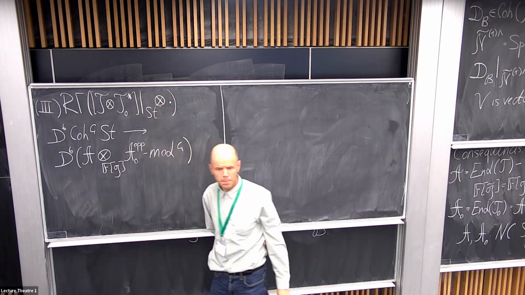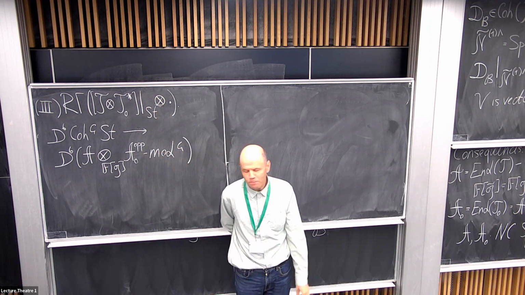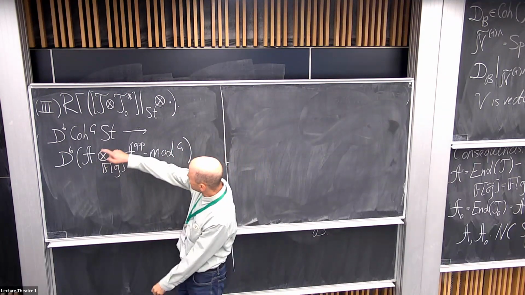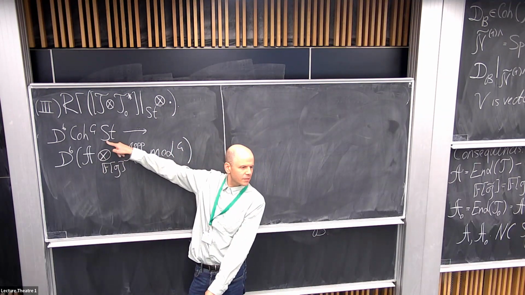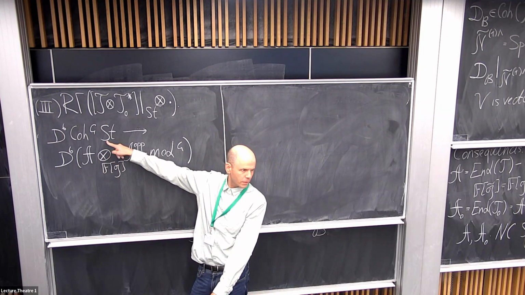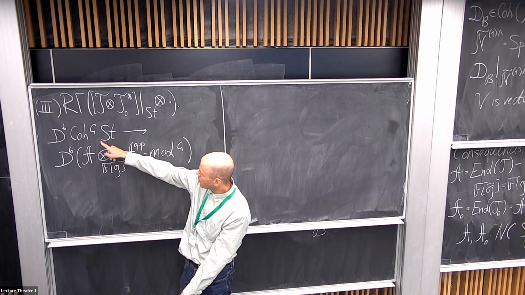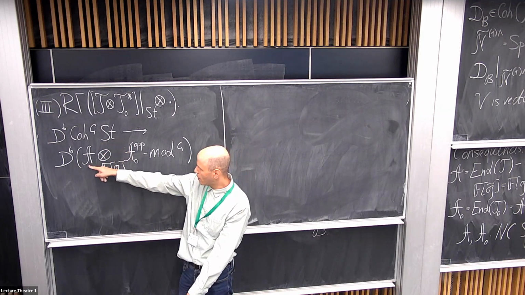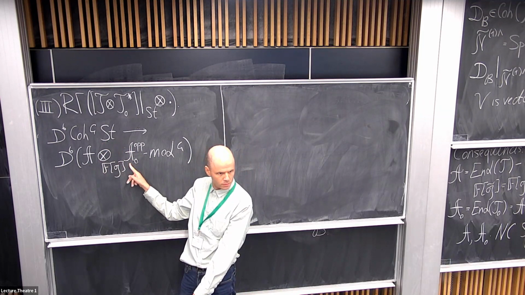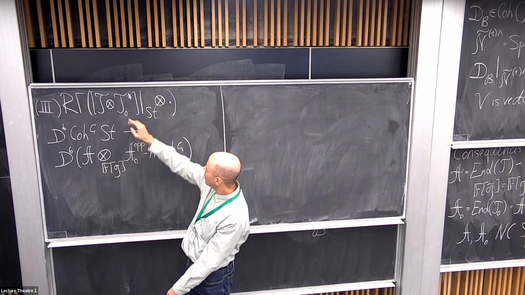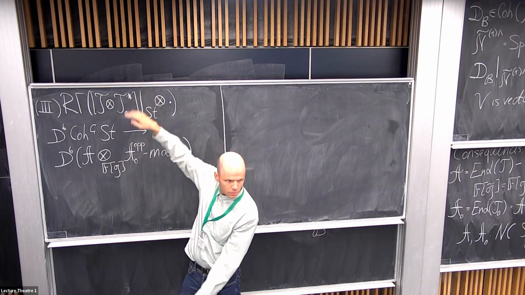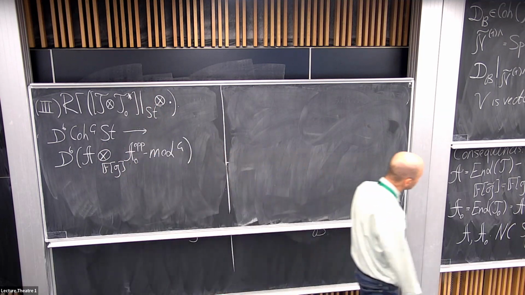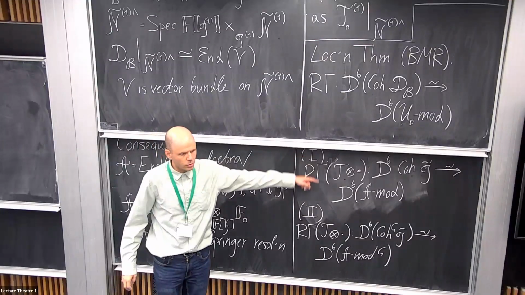Okay. So what is written here? So what is Steinberg? It's G tilde times N tilde over G. Well, let's forget the subscript G. Then what do I have? Here I will have G tilde times N tilde. Here I will have A tensor A0 opposite. And here I won't restrict to Steinberg. And so essentially what I'm going to get is an analog of these two equivalences.